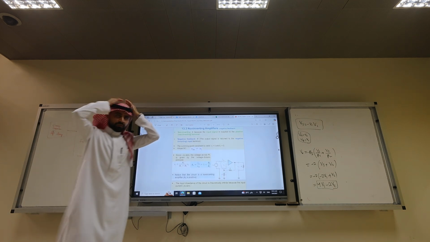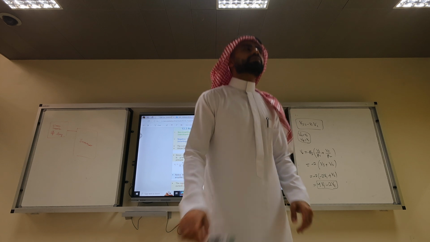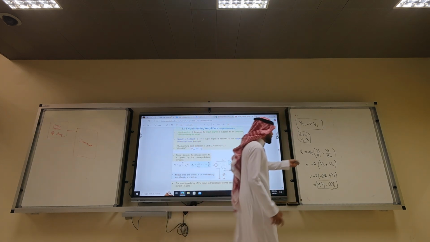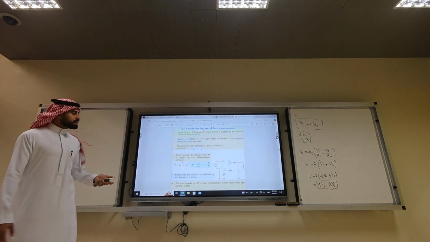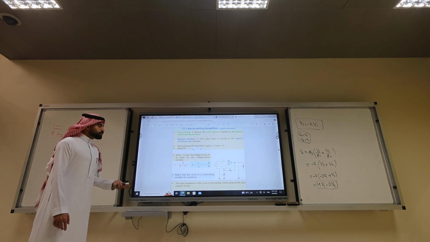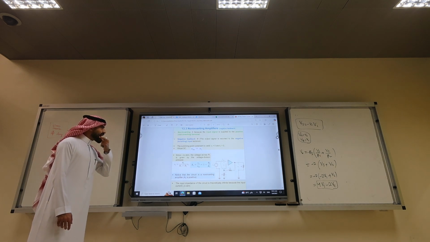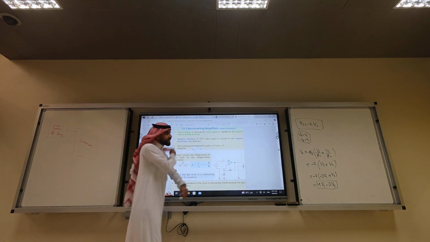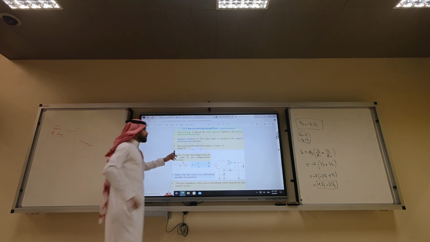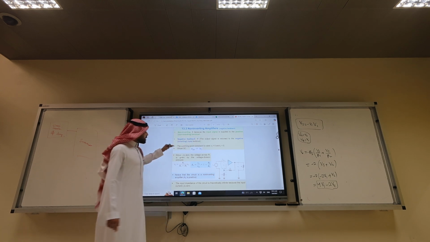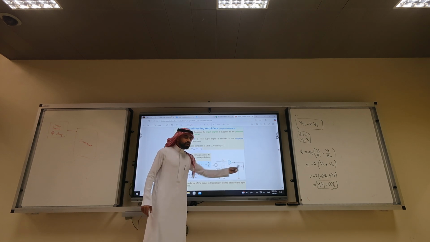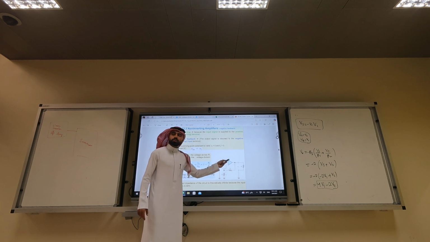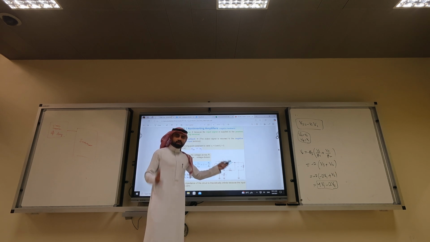Now, non-inverting amplifier. What does the word inverting mean? The output usually has a negative sign when you put the input, or the gain is negative. Non-inverting means the input signal is fed to the positive terminal. If we feed the input to the negative terminal, we have a negative gain. If we feed the input to the positive terminal, we have a positive gain, so the output is expected to be positive.